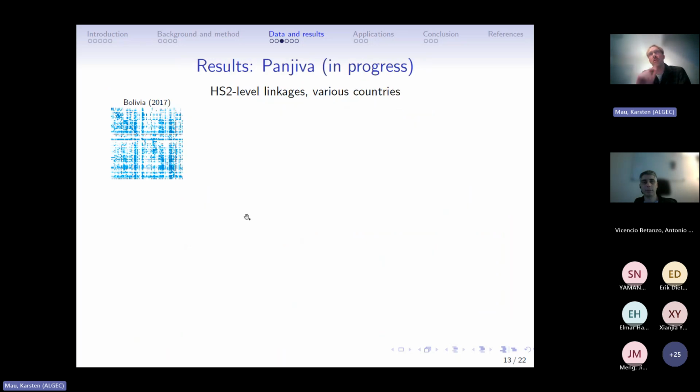But maybe indeed, what I can show you first is the cross-country material that we are getting at Panjiva. These are all 2-digit linkages, so for illustration purposes, it works pretty well. This is Bolivia. Bolivia is a small, landlocked economy.